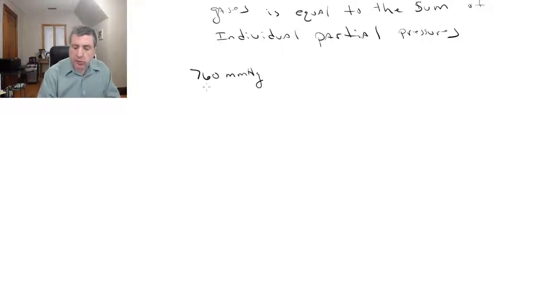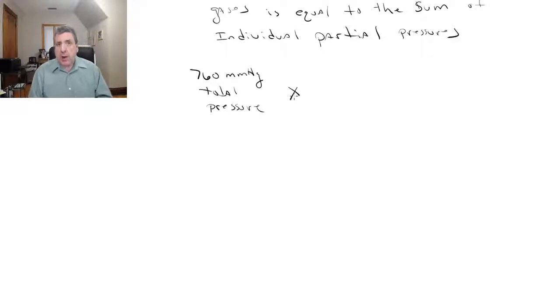This is total pressure, and that is multiplied by the percentage of the gas within the total mixture. So what percentage of the air is oxygen? You've probably heard that this is 21%. A little bit more specific, 20.9.